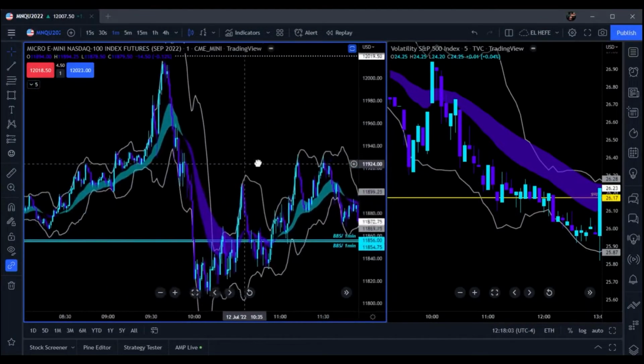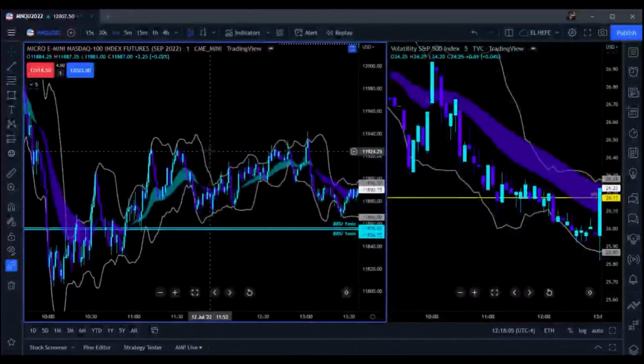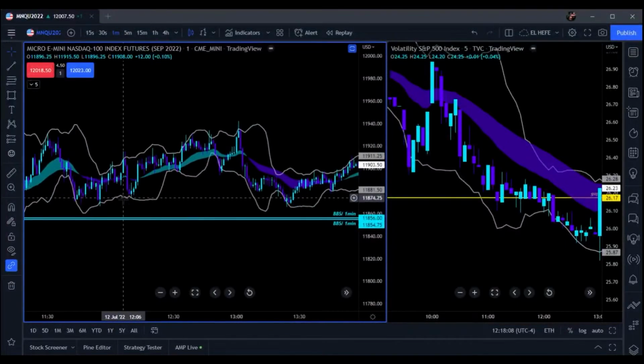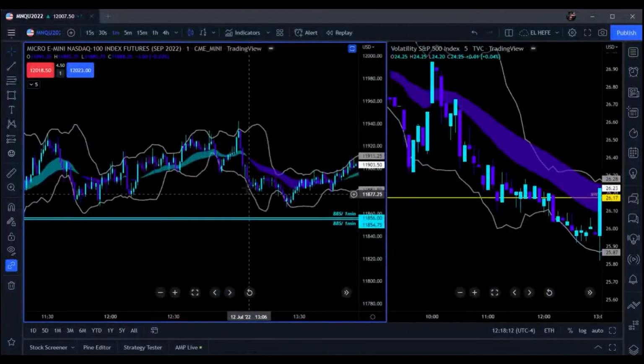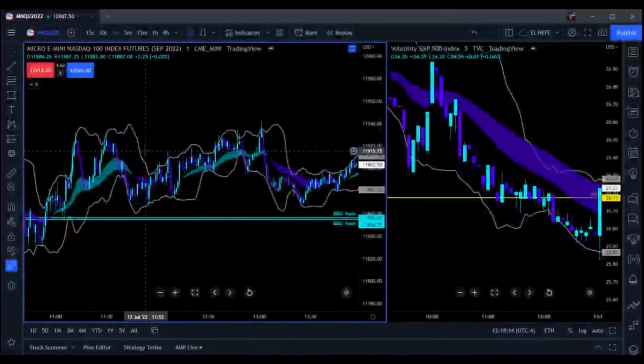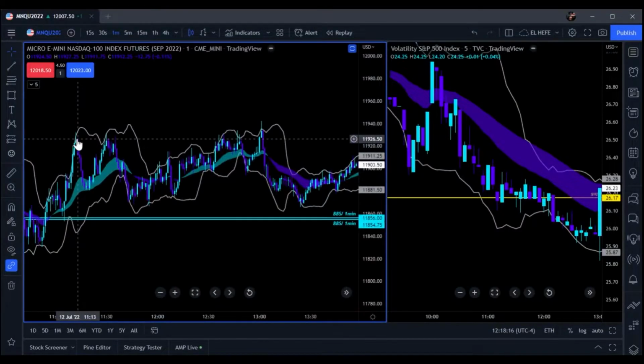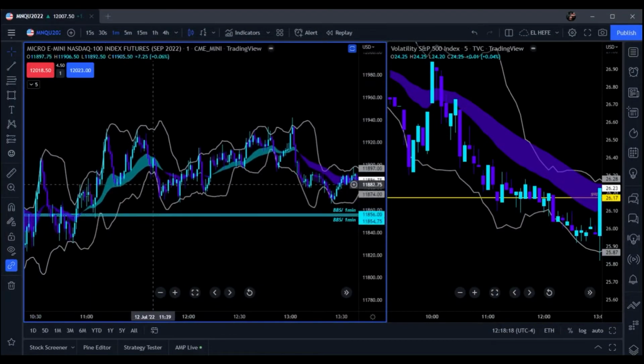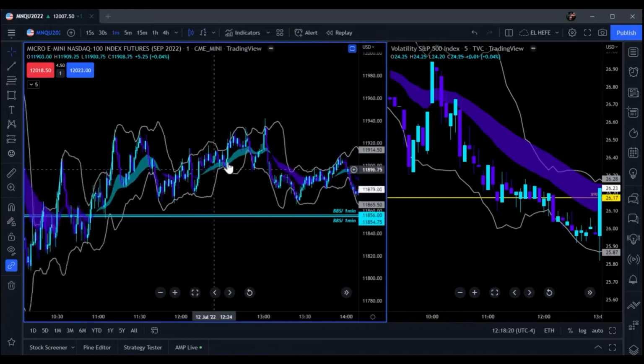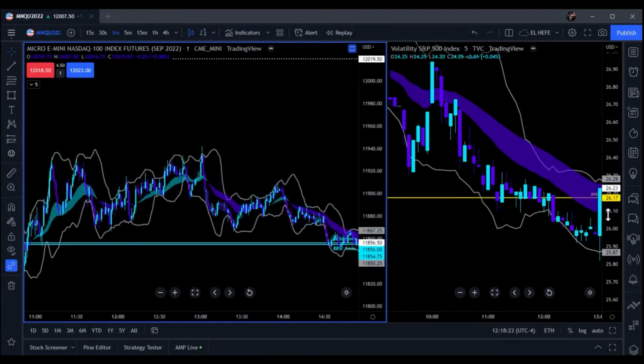Okay, I don't have anything. I can't go long right here because I don't have anything to go long off of. There's no over-unders. There's no BB setup right here to take. So I wouldn't have took that trade, right?